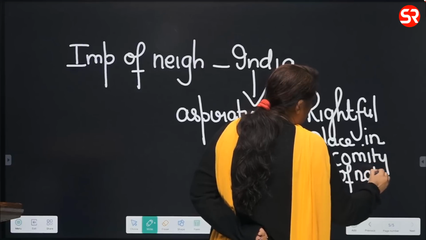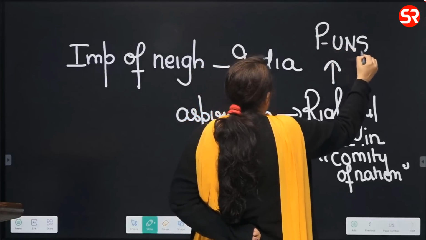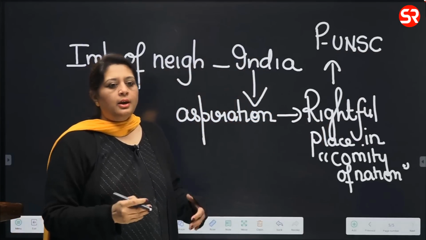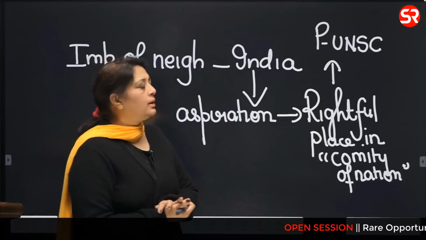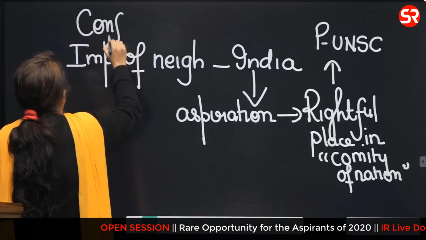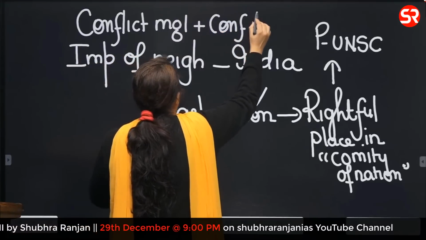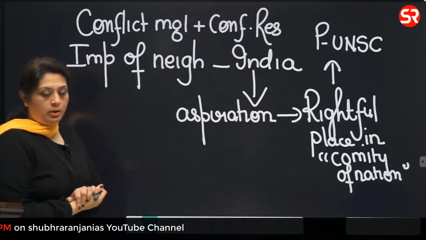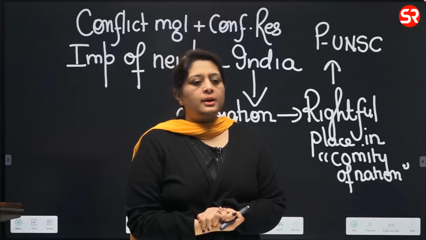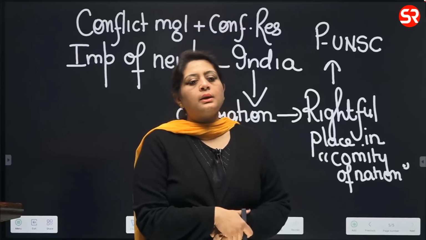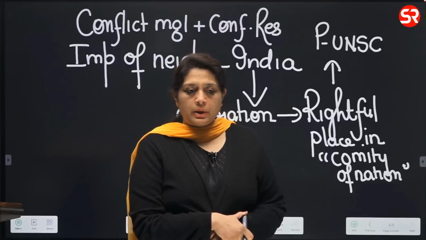For example, India has an aim to get the permanent seat in the UN Security Council, and until and unless India's leadership, India's ability of conflict management, conflict resolution is proven within its own neighborhood, it will be very difficult for India to convince others of the legitimacy of its leadership, of its role as a permanent member.